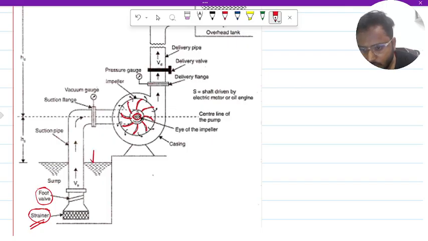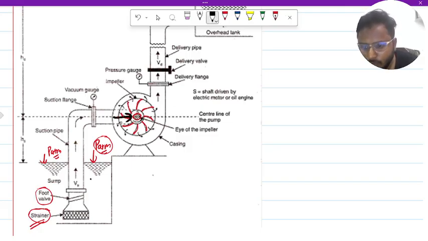What is the pressure at the sump? It must be atmospheric pressure. Hence the motion of the impeller creates a pressure below atmospheric pressure at the inlet of the pump.